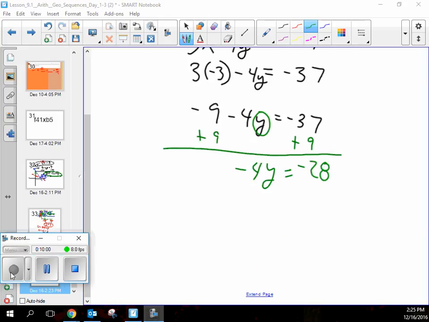Final answer. To get the final answer, we have to divide by -4. We were adding 9 on purpose. Oh, like, why was it negative? Because we had 3 times -3 made -9.